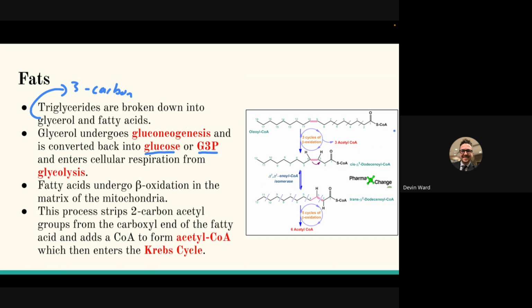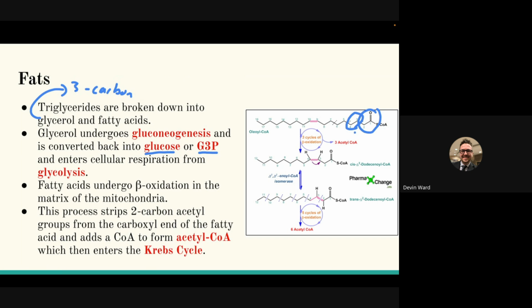On the carboxyl end of the fatty acid, we have coenzyme A attached to it. It happens in 2-carbon intervals. These 2 carbons, carbon 1 and 2, will be broken off and used as acetyl. Then it starts up with the next 2 carbons, 3 and 4, and splits there.